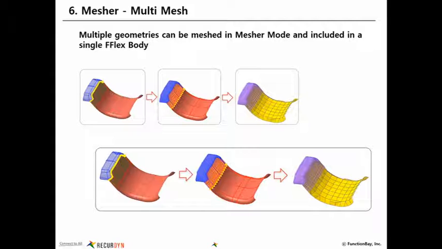When you're meshing these bodies in V9R2, the only way that you could really deal with that is by using a unite feature in RecurDyn. Now you have this option to do a multi-mesh. So when you mesh one body, it doesn't get rid of the other bodies that are in your part. This is another example where it'll be a little bit easier to see when we actually go into the example.